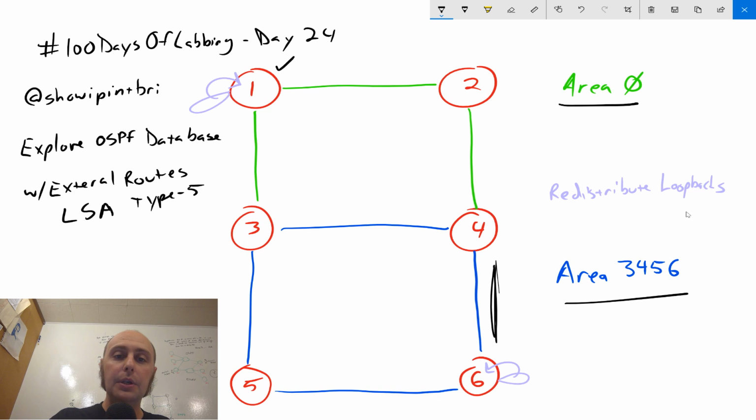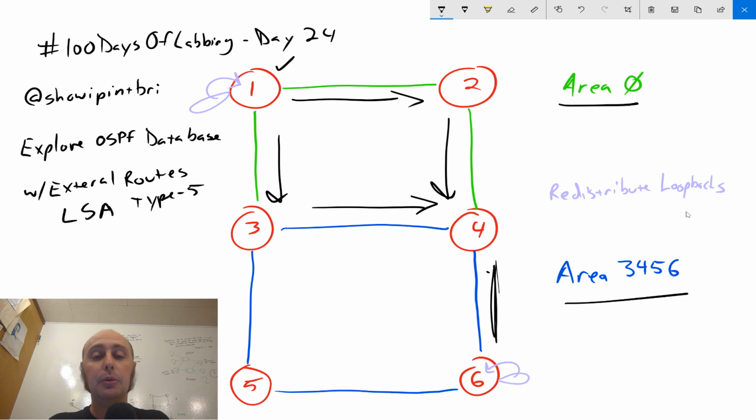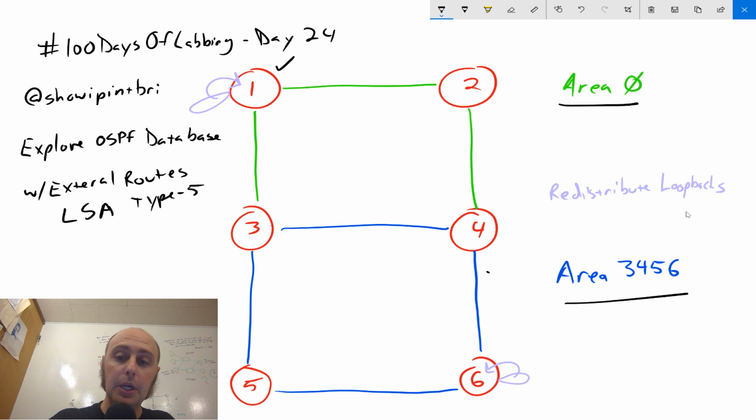From router 1, our next hop is router 2 and router 3. So to get to this link, it is equal cost to get to router 4 to reach that segment.